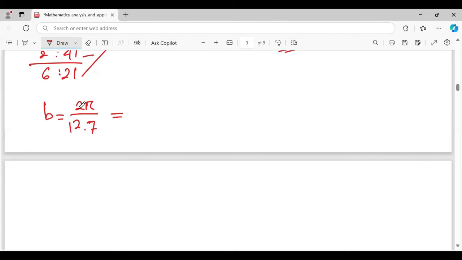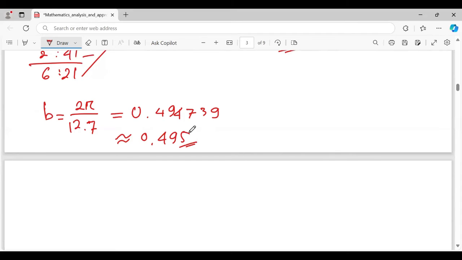And if you calculate 2 times 3.14 over 12.7, it's going to be 0.494739. And you can approximate it, becomes 0.495.